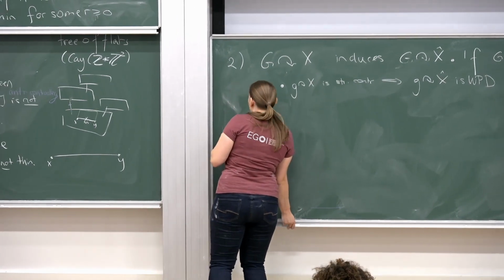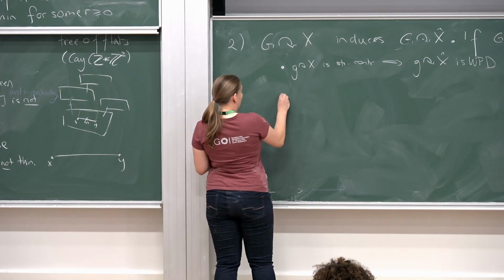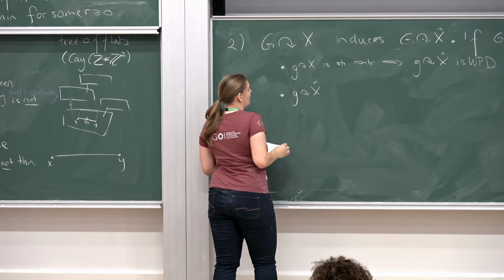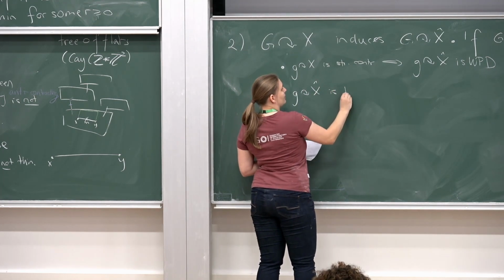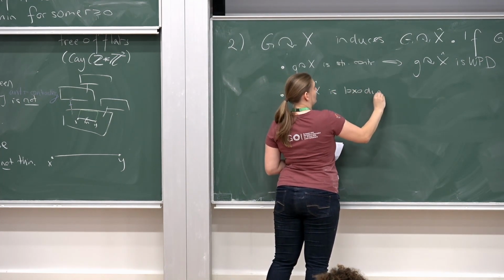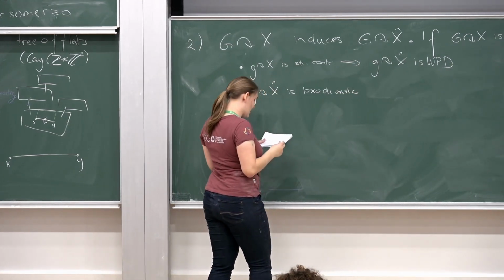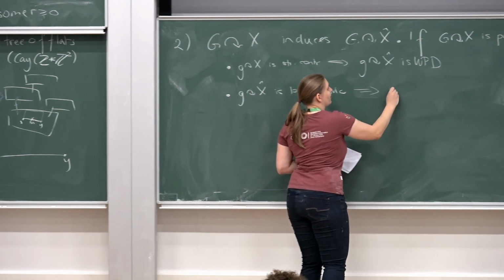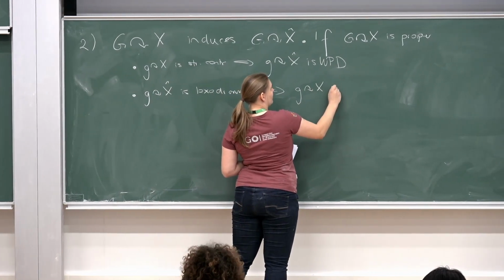Namely, if G is loxodromic, then we know that it was strongly contracting.